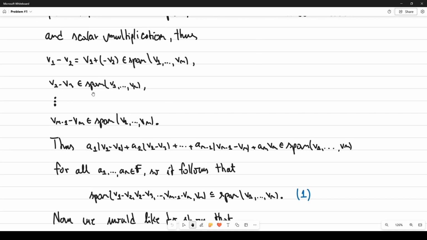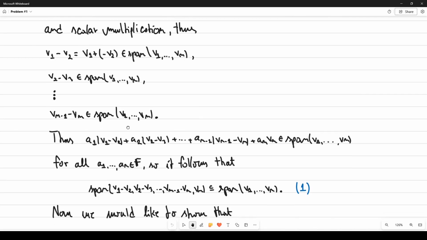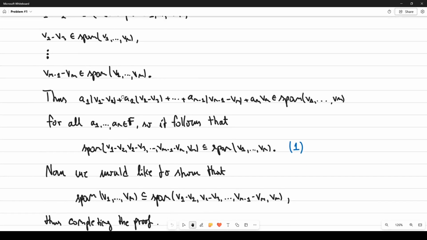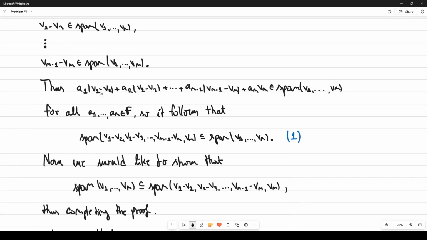And using the same reasoning, we conclude that V2 minus V3 belongs to the span, all the way to Vn minus 1 minus Vn. So these vectors belong to the span. That means whatever linear combination of those vectors I make also belongs to our span.